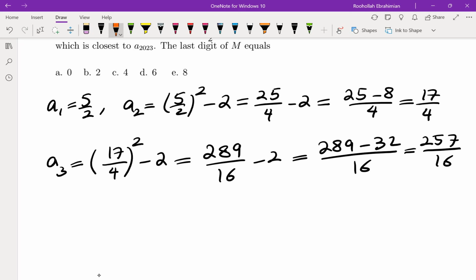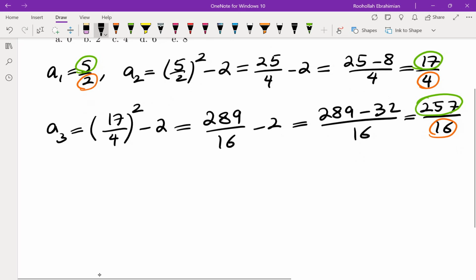Okay, so now looking at the denominators, the pattern is very clear. 2, 4, 16, those are powers of 2. The numerators 5, 17, 257, the pattern is pretty clear when I see the 257. 257 is 256 plus 1.